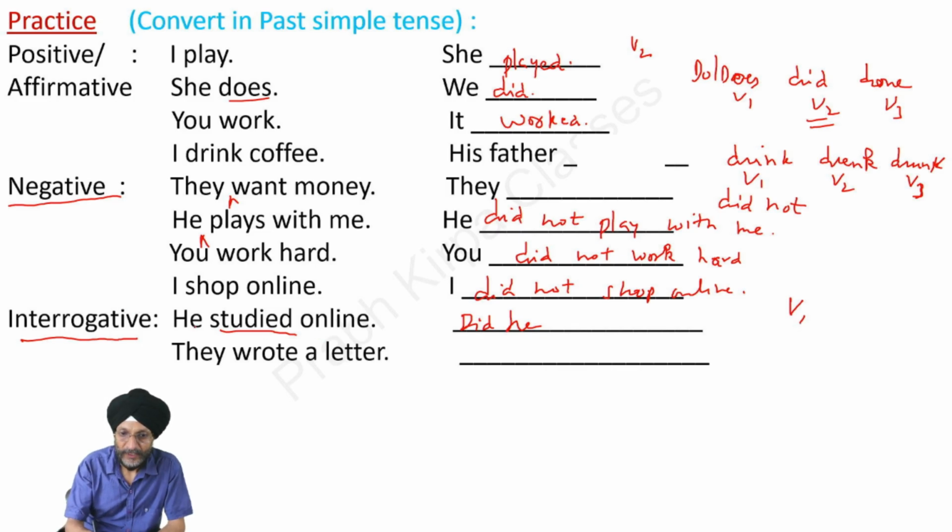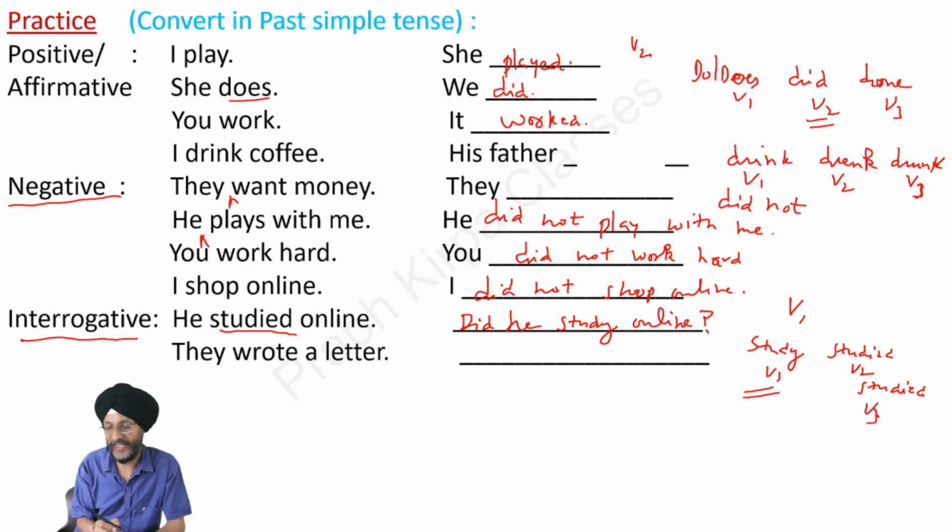So the basic form of the verb is study, studied, studied. This is the basic form, this is the second form, this is the third form. So here we have to use the basic form of the verb. Did he study online? At the end of the sentence, please don't forget to mark the interrogation mark.